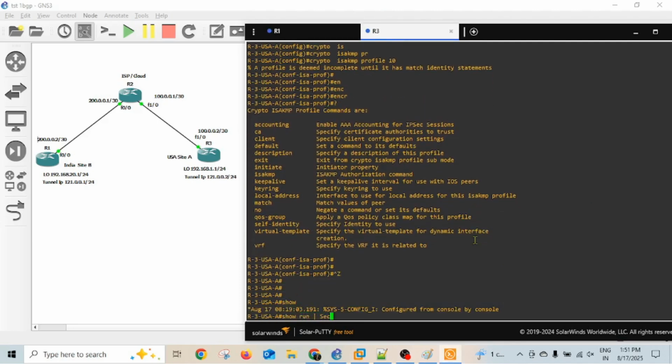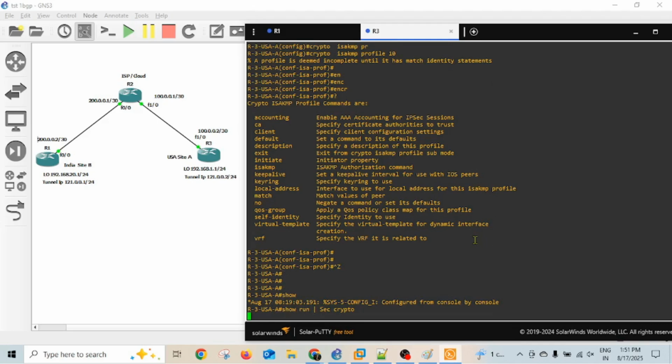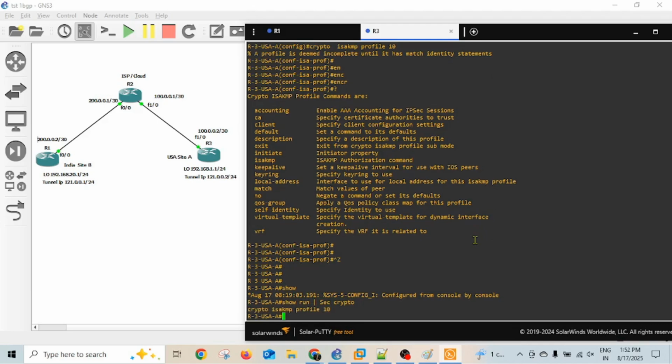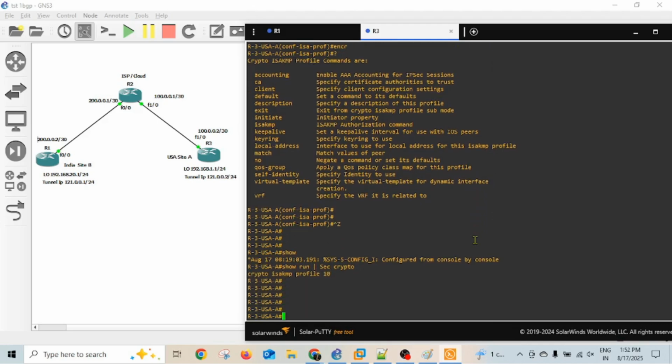So one sec. So there is a profile we have configured. We just need to configure the policy first, not the profile.